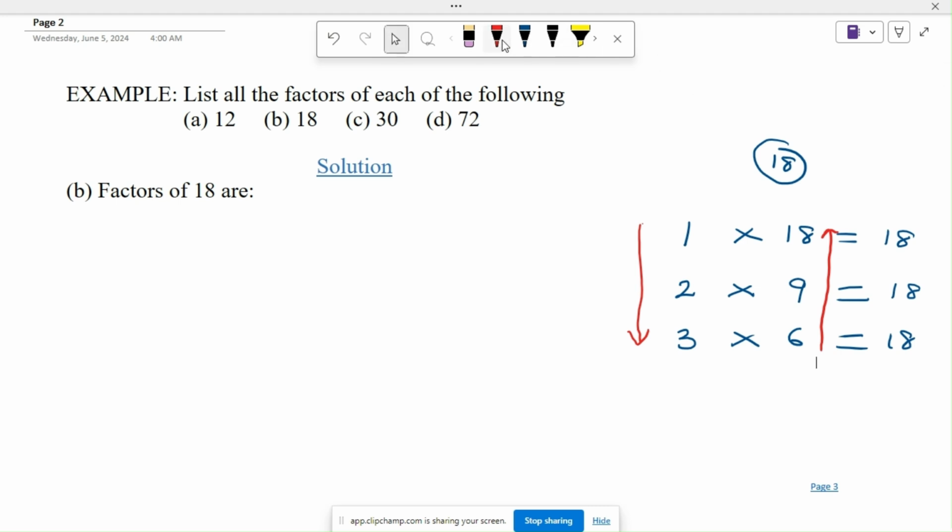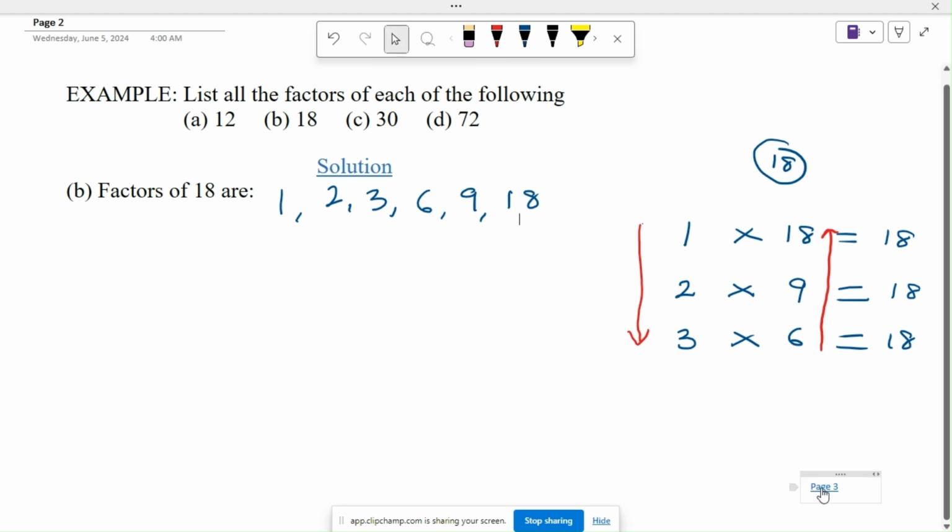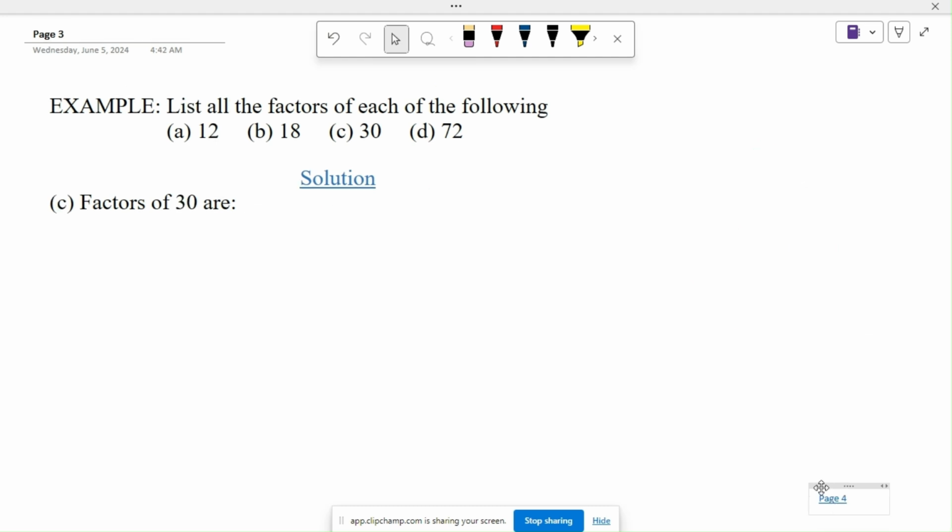So we have the numbers as 1, 2, 3, 6, 9, and 18. These are all the factors of 18, right?